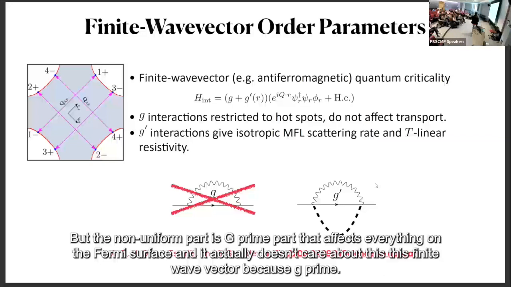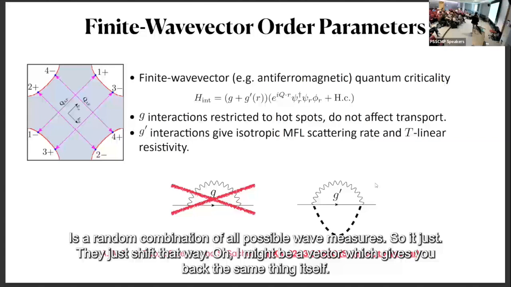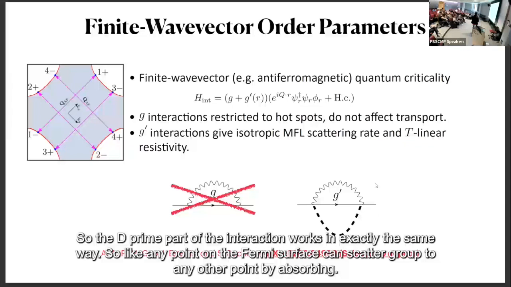But the non-uniform part, this G prime part, affects everything on the Fermi surface, and it actually doesn't care about this finite wave vector, because G prime is a random combination of all possible wave vectors, so it just shifts it by a finite wave vector, which gives you back the same thing itself. So the G prime part of the interaction works in exactly the same way.